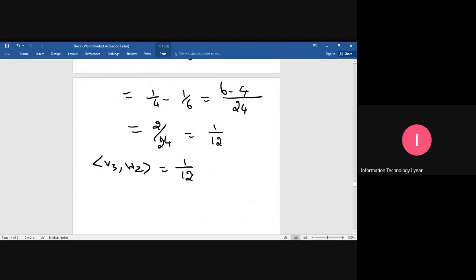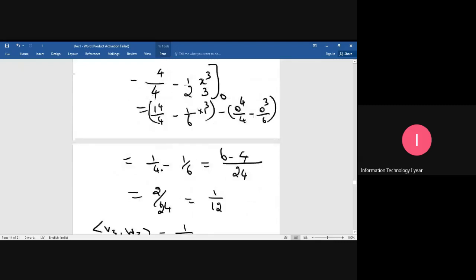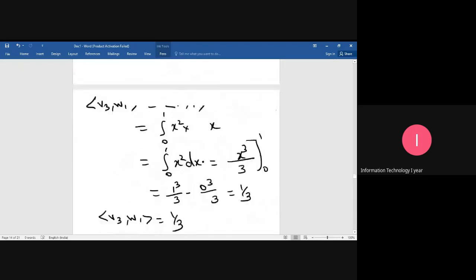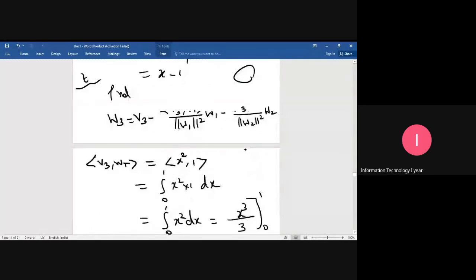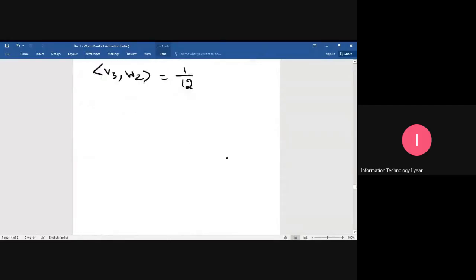Then we need one more value, that is norm W2 square. W2 is x minus 1 by 2. So norm W2 square is the inner product of W2 comma W2.